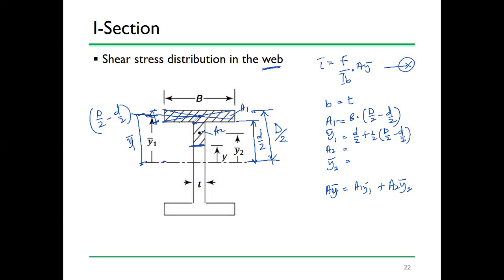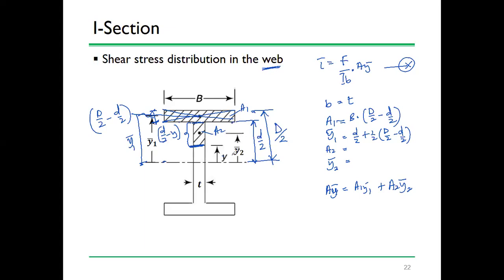Okay? So let's look at the area 2. The area 2 is here, from here to here. So first of all, this is where we are, and this is Y. So how do we get this small length? It's simply D over 2 minus the Y. That's easy.